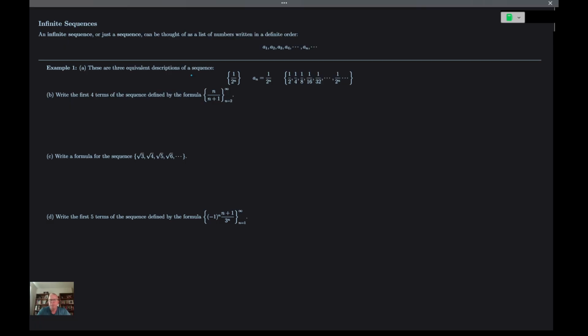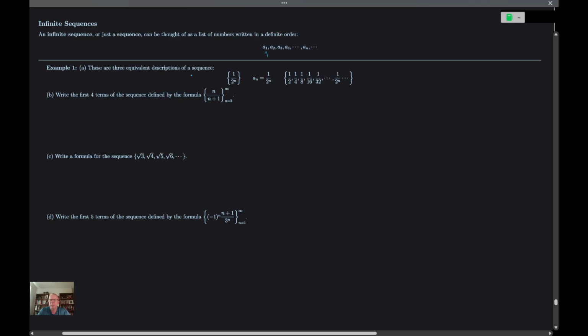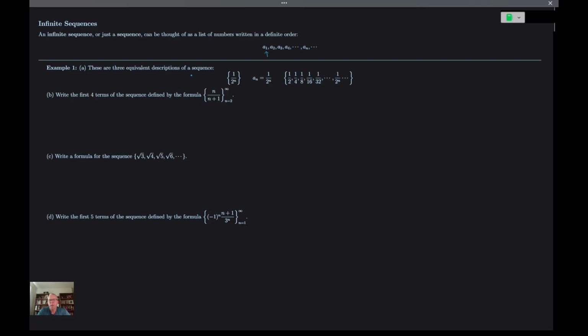So we use subscripts to indicate the number of the terms. So a sub 1, a sub 2, so on. A sub n will just indicate the general term. And of course, there are infinitely many. So a sub n plus 1 is always going to come right after a sub n, and so on.